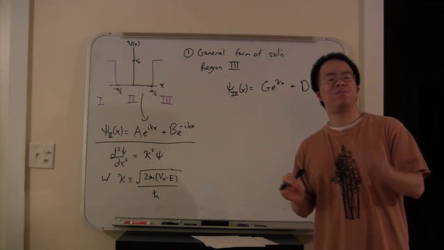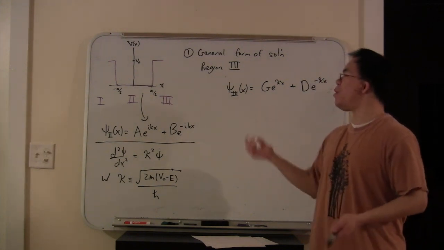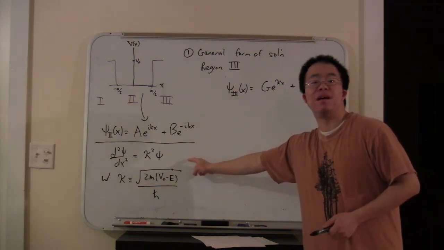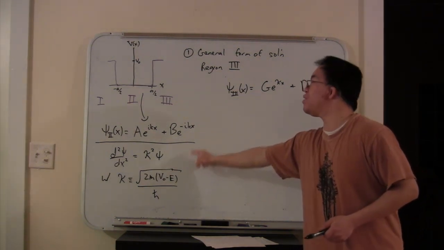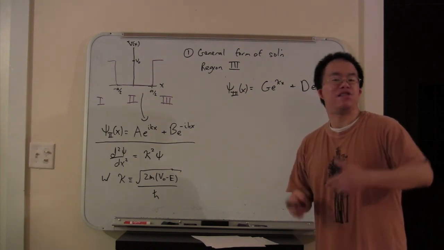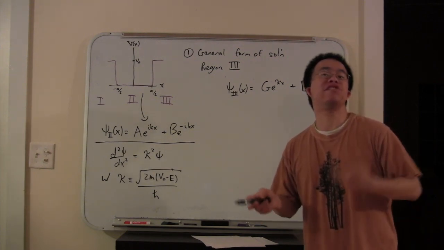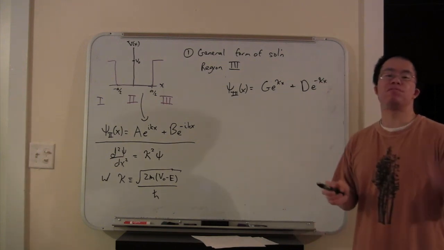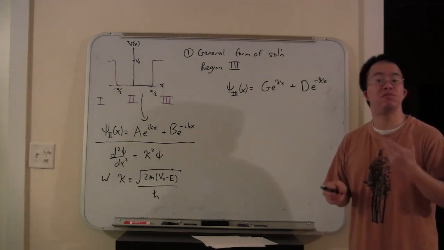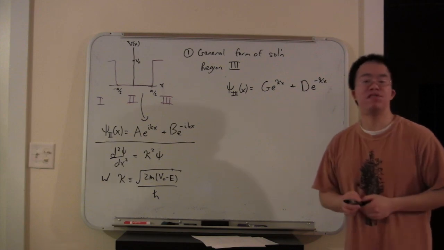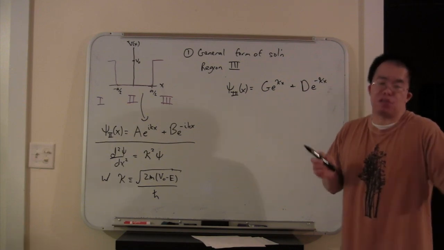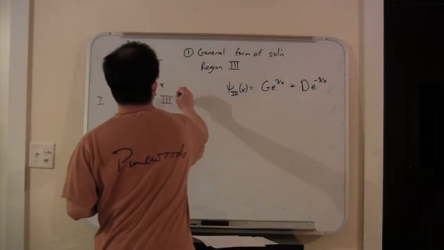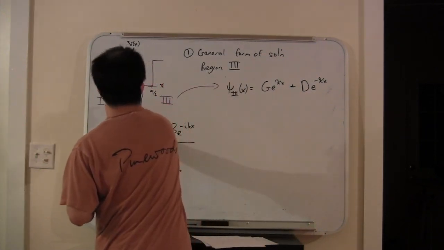Now the behavior in region 1 is going to be very similar. We end up with exactly the same differential equation as we got here in region 3. So we know that we're going to have a solution with the same mathematical form. However, I'm just going to write the solution in region 1 with a different set of constants because it could be different. So let me just draw an arrow so we know that's region 3.